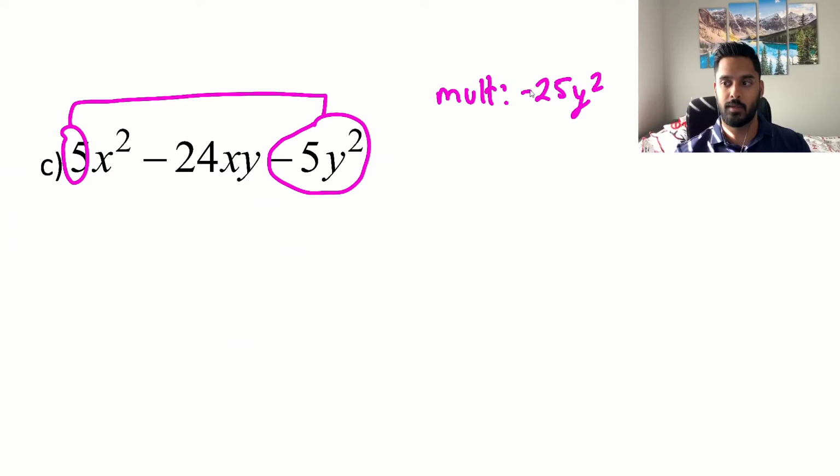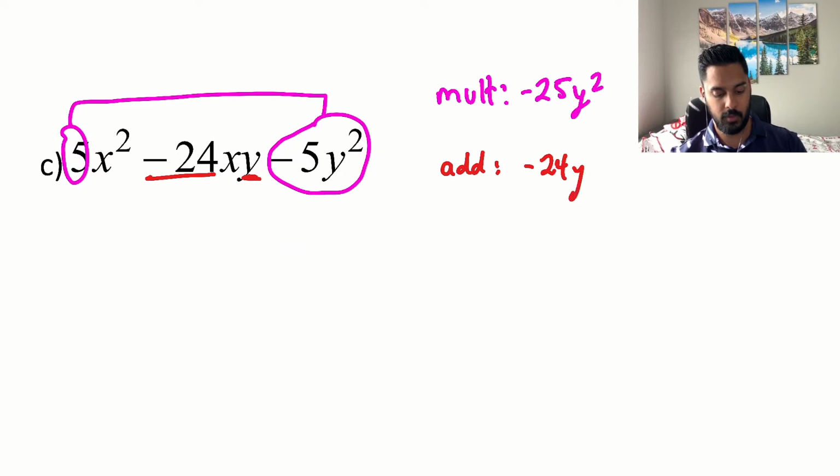So now we're not only looking for the number that makes this possible, we're going to need a variable attached to it as well. Now we're going to add to the stuff that's in the middle. We want to add to negative 24, but we also want to add to negative 24y. Now think about the things that multiply to 25 first. It could be 1 and 25, or 5 and 5.